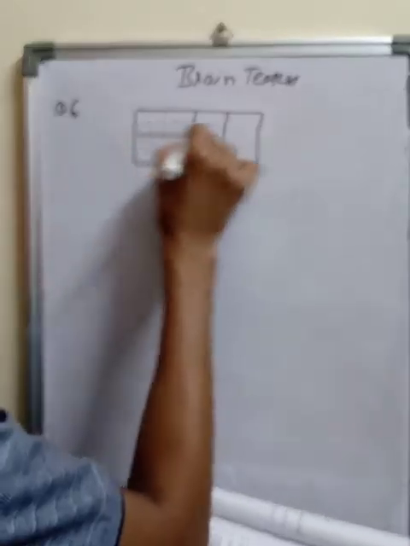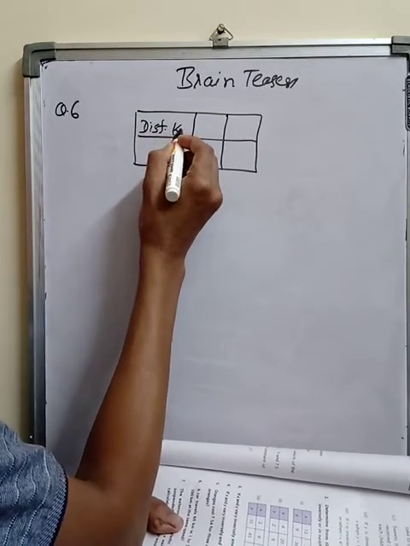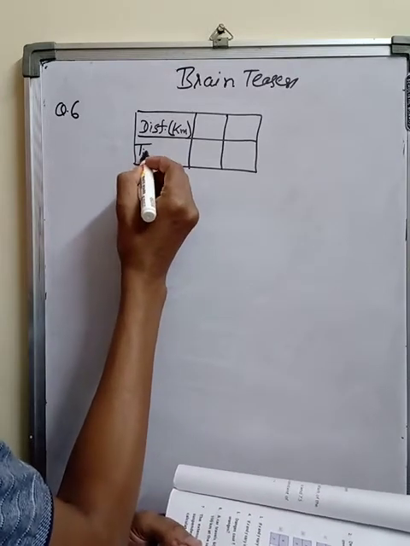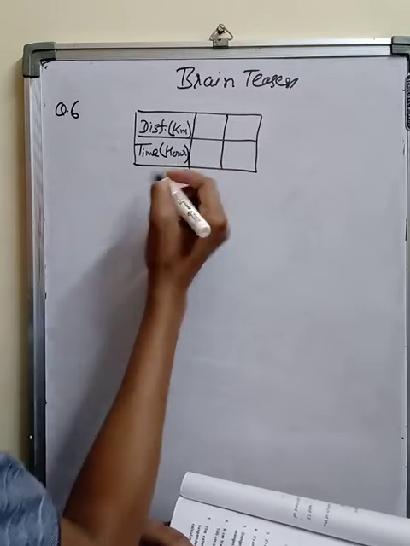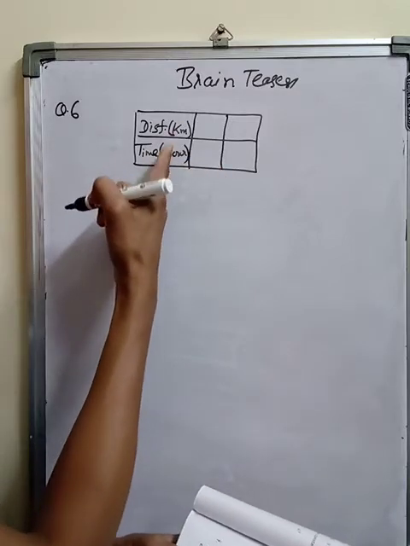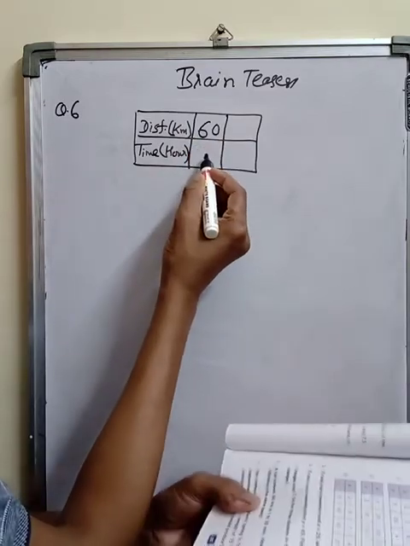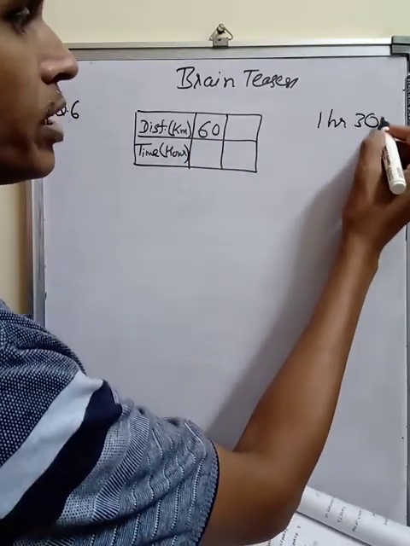What two things do we have to compare? Distance in kilometers and time in hours. So we have to write it like this with units. When it is 60 km, how much time is required? 1 hour and 30 minutes.